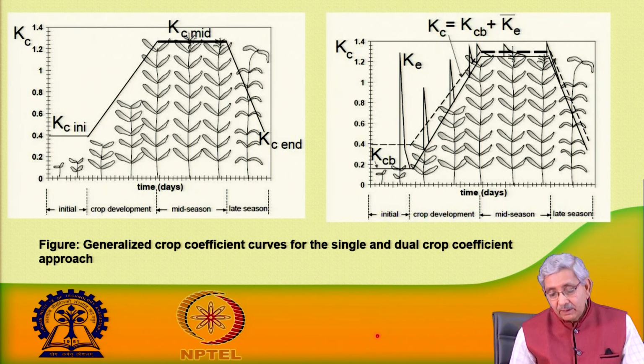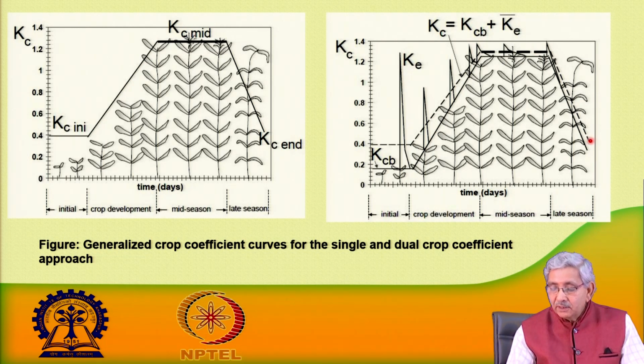So, Ke, the evaporation component, is predominant at the initial growth stage, and then the evaporation slowly starts reducing. As the crop develops, the Ke component narrows down to a minimal value, becoming lesser as compared to the Kcb.